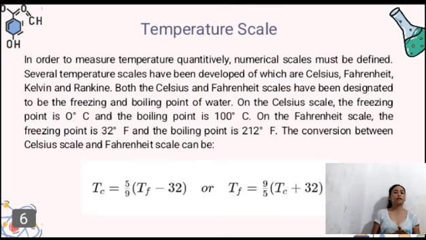So if our given is Fahrenheit, then the formula that we use is temperature in Celsius equals 5 over 9 multiplied by the temperature in Fahrenheit minus 32. Then next, if our given is Celsius, the formula that we use is temperature in Fahrenheit equals 9 over 5 multiplied by the Celsius plus 32.